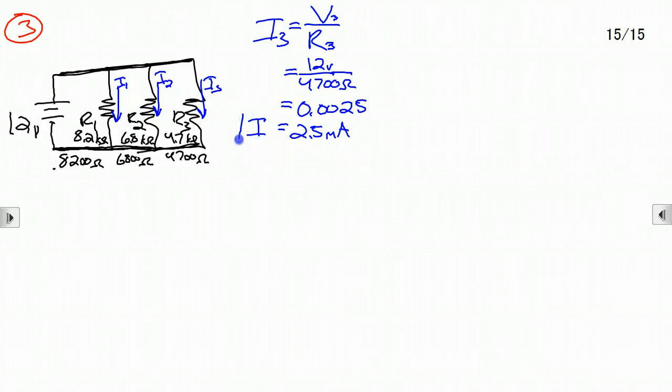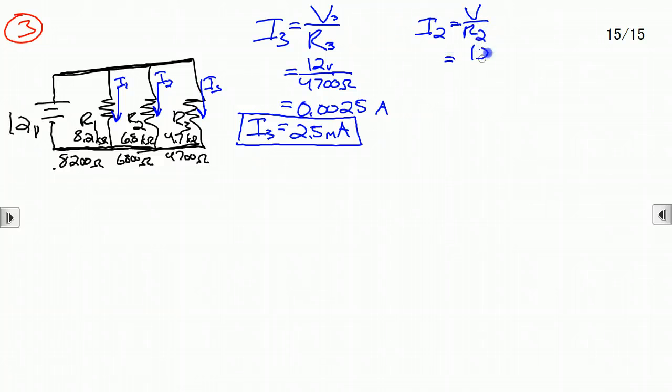So when I write my answer down, I report it. I3 is 2.5 milliamps. If I use it to calculate other places, I may want to keep the 0.0025 amps. As long as you know what you're using and your units are consistent, you'll be all right. So I2, same process, same voltage. I'll just use R2 instead. So 12 volts. R2 was 6,800.